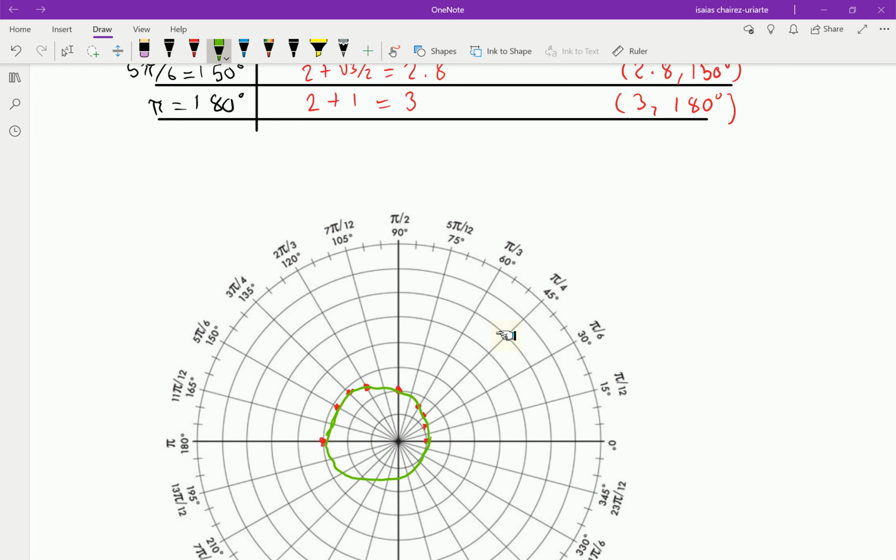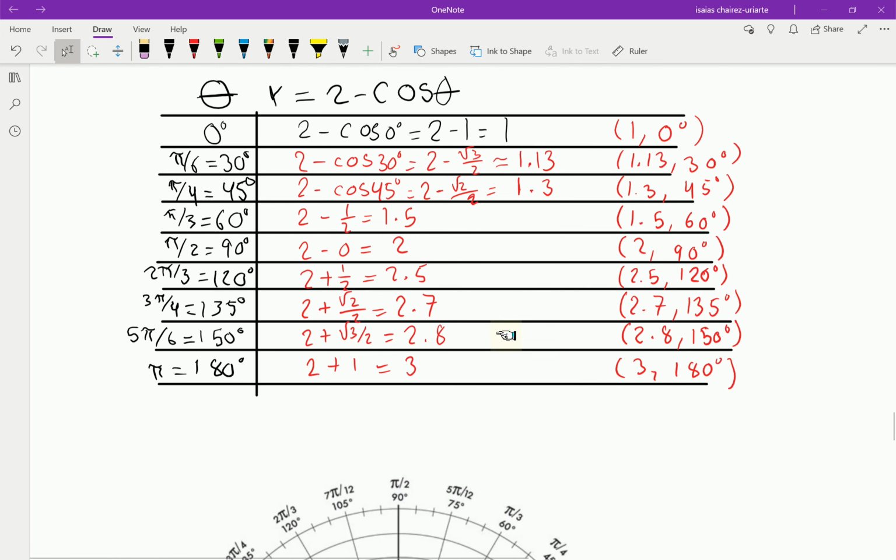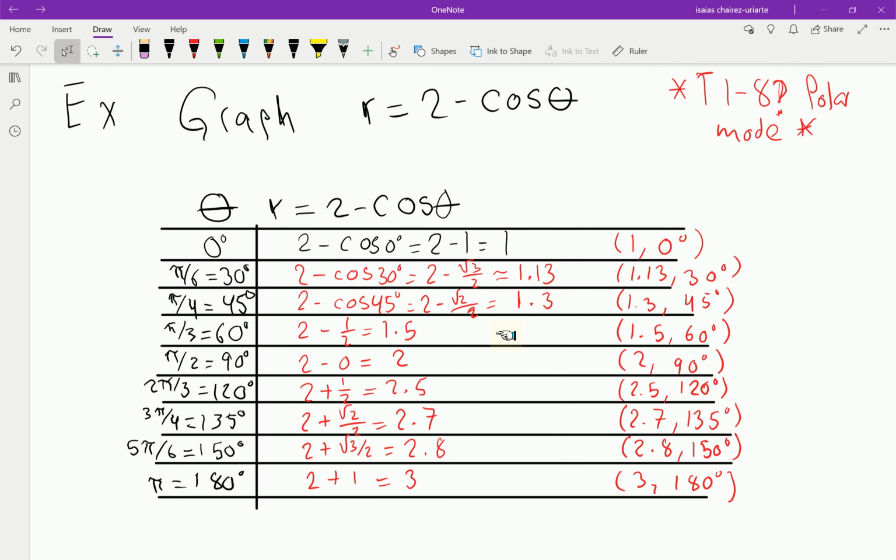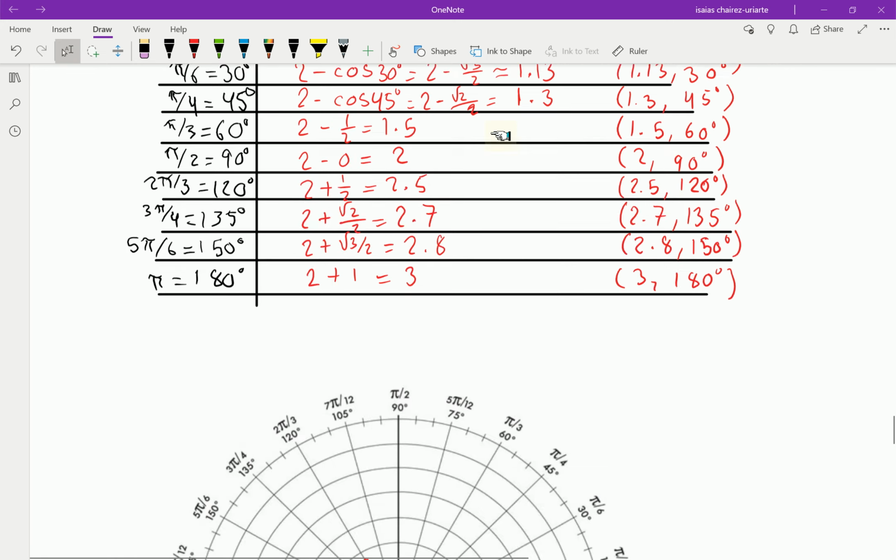It's supposed to look something like that. It's like a little egg. This is a horrible little sketch. I'm really bad at writing on my computer screen, but you get the idea. And that is it for graphing polar equations. It's kind of tedious to do it this way, but definitely be aware that your calculator can be put in polar mode and you can get really cool sketches of weird little graphs. You can get these cool little spirals and cardioids and all sorts of things.